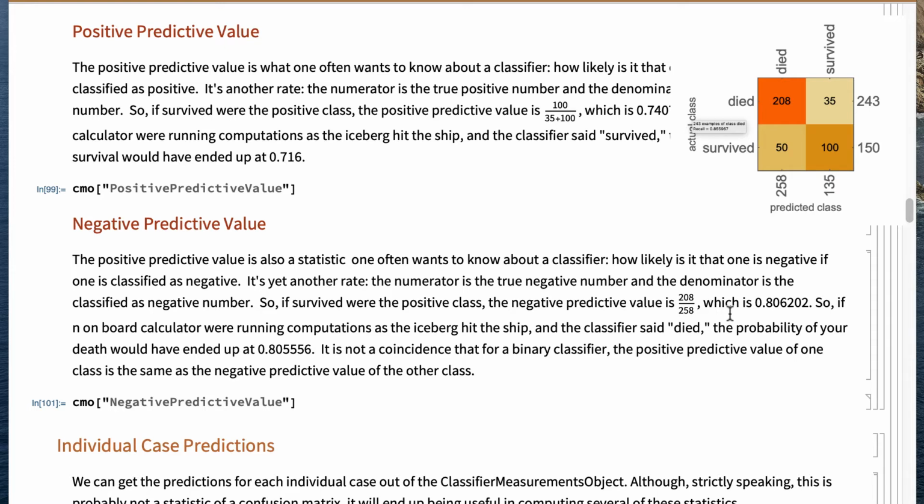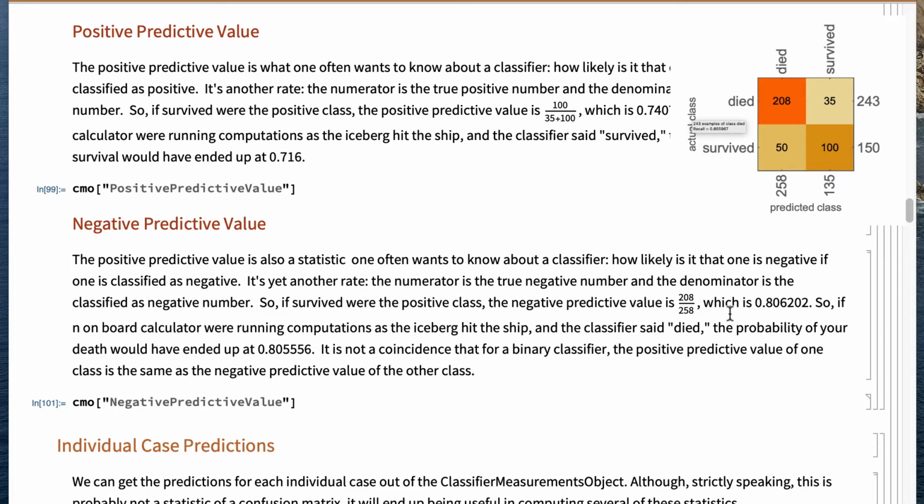So the positive predictive value is often exactly what you want to know about a classifier. It's how likely is it that you really are positive if the classifier came back positive. The numerator is the true positive number, but the denominator is the sum of everyone classified as positive.